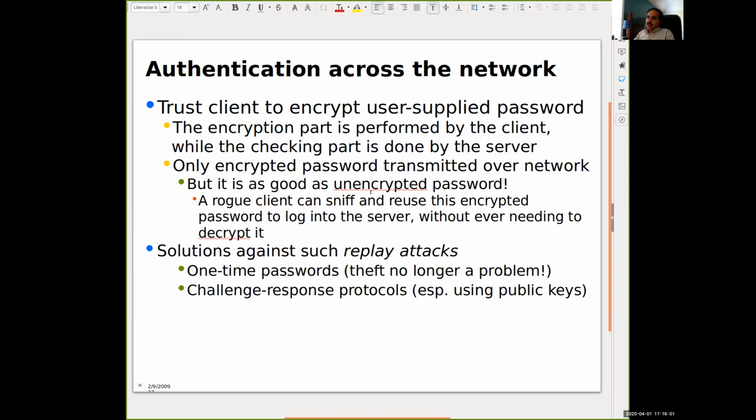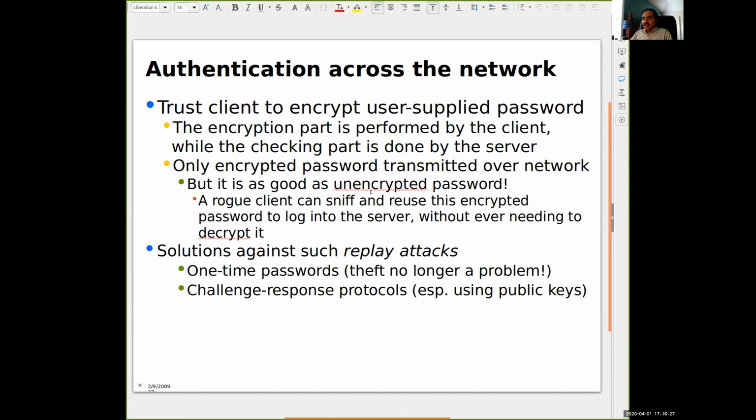So that doesn't work. So this is an instance of a more general class of attacks called replay attack, where the attacker simply observes some encrypted data and simply retransmits that encrypted data, and that gives them access to something that they shouldn't have access to.